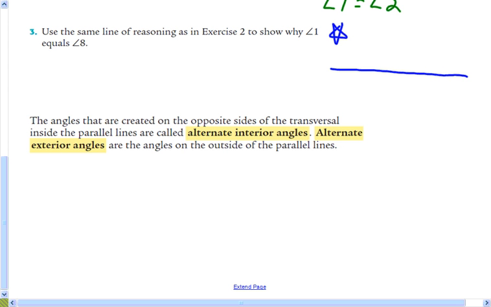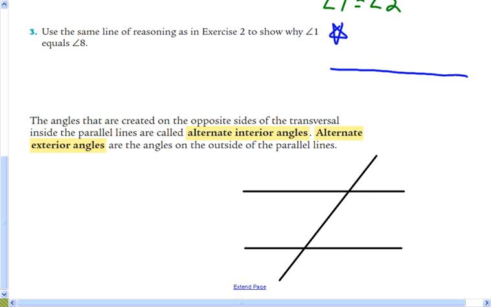Let's make a quick diagram so you can see this. There's my parallel lines. There's my transversal. Alternate interior angles are like these two angles right here. Those are alternate interior angles in blue.